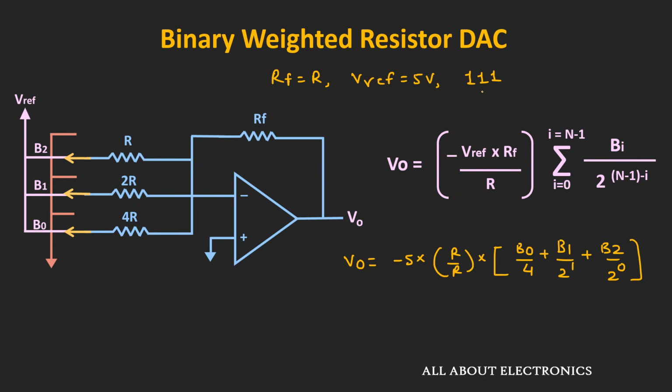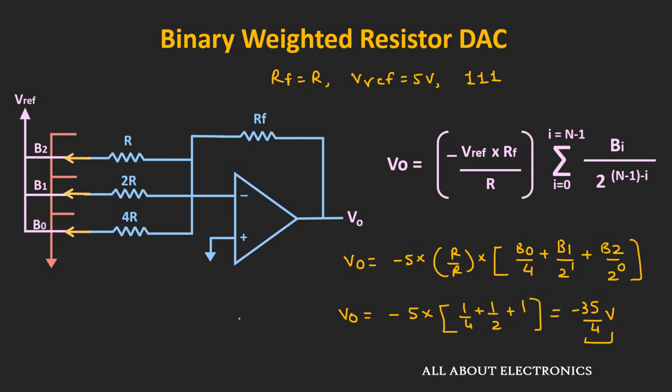And here, as all the bits are 1, so B0, B1 and B2 will be 1. So the output voltage Vout will be equal to minus 5 times 1 by 4 plus 1 by 2 plus 1. That is equal to minus 35 by 4 volt.